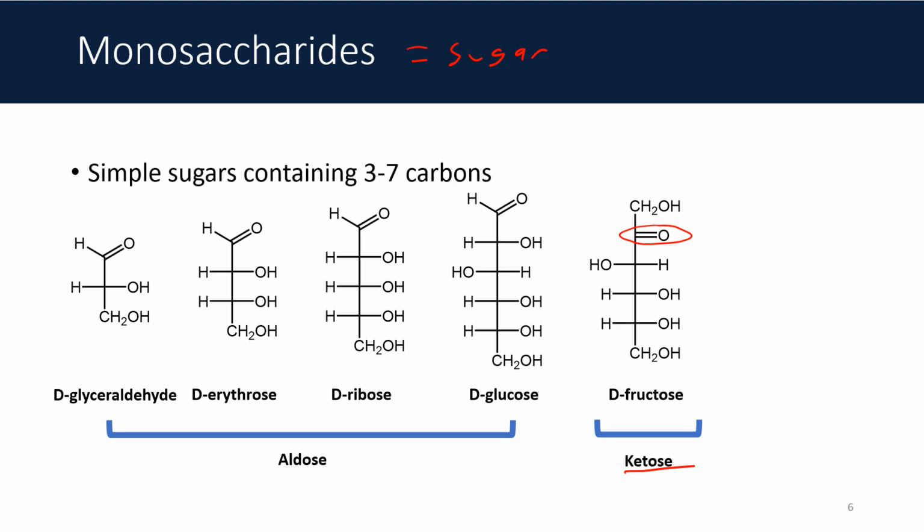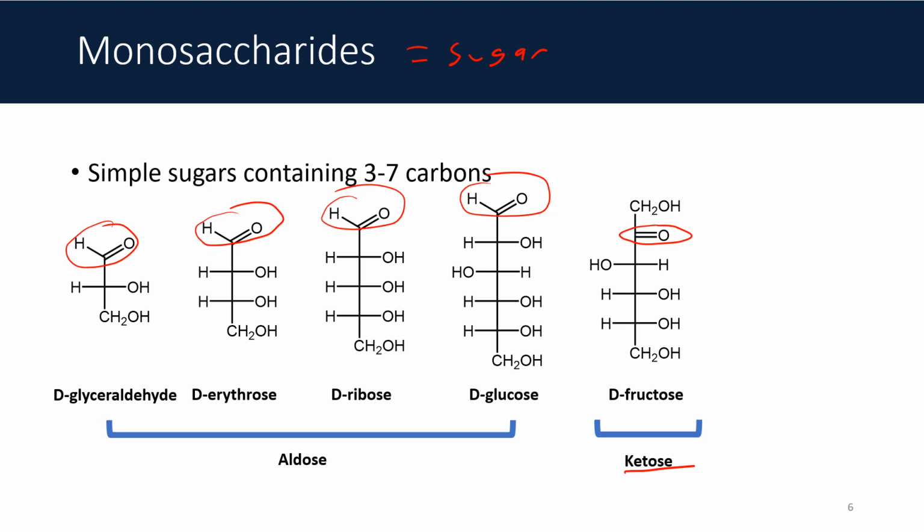And fructose is an example of a very common ketose seen in biology. Generally, though, biology features a lot more aldoses, which is where the carbonyl group is situated at the end of the chain. And with Fischer projections, just by convention, we stick that carbonyl at the very top.